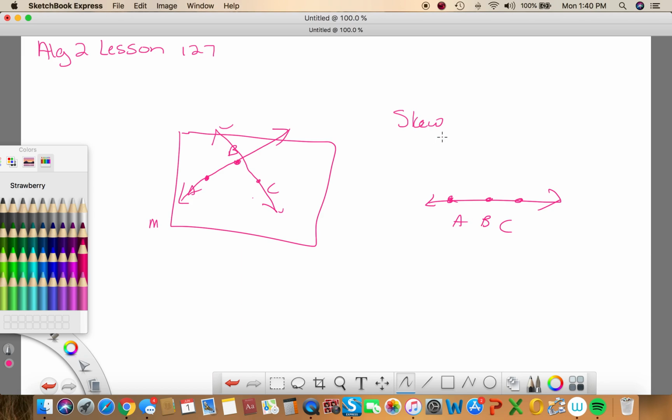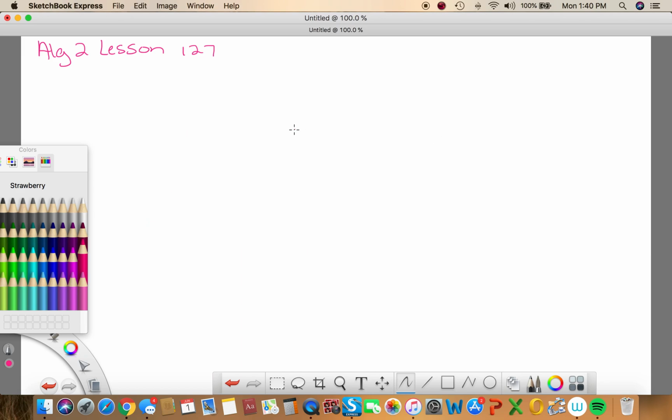Okay? Now, if a line is perpendicular to each of 2 intersecting lines at their point of intersection, the line is perpendicular to all the lines in the plane that pass through that point. So if you go to the next page, they give you a plane, and they call this line S, this line R, and this point T. Okay, so these 2 lines are perpendicular, but this line S is not necessarily perpendicular to this plane.